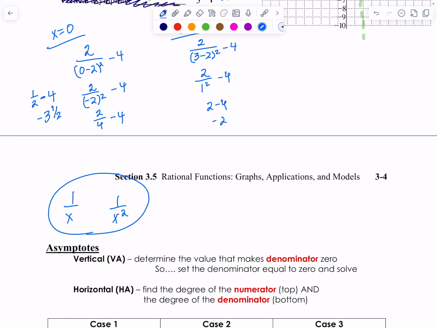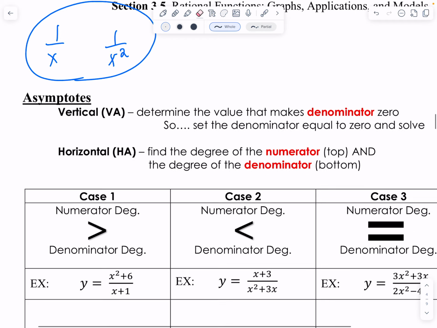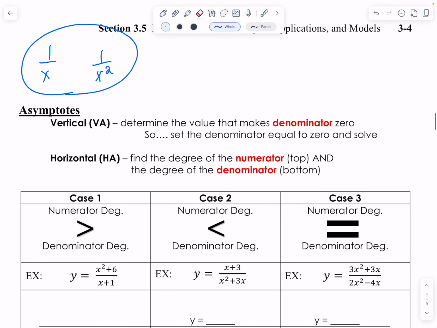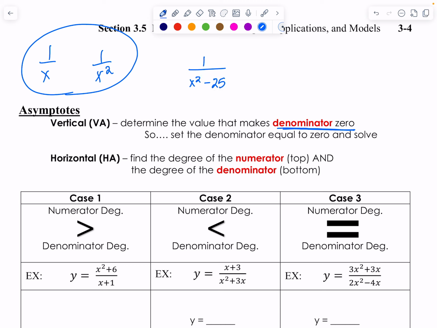All right, so let's talk about all asymptotes. So my asymptotes will always be where the denominator is 0. Okay, so if I happen to have something like x squared minus 25 on the bottom, see I have x squared, so that means I have 2 solutions.